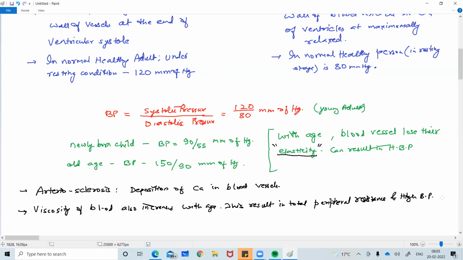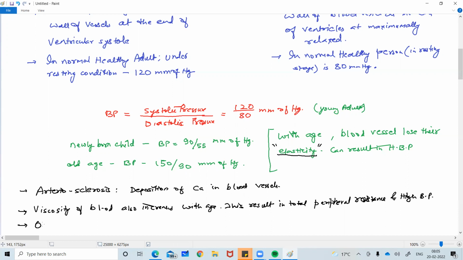There are some other factors which increase the BP, like exercise, hypertension, fear, anxiety, depression. This is the last point.